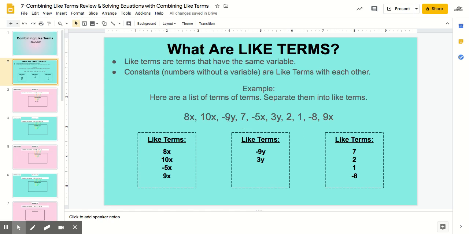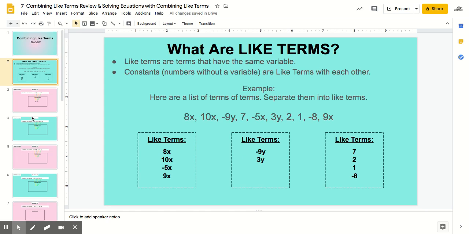Negative 9y and 3y are also like terms with each other because they have a y next to them. And then 7, 2, 1, and negative 8 are like terms with each other because they have no variable next to them. They are constants. So these are the three different groupings of like terms that we had.